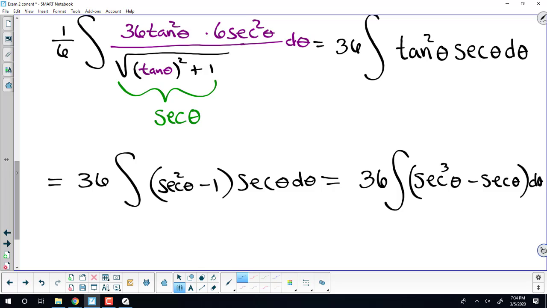The homework says something about a reduction formula for secant cubed. We actually integrated secant cubed in class. But integrating secant cubed, you have to split it up, secant squared times secant.